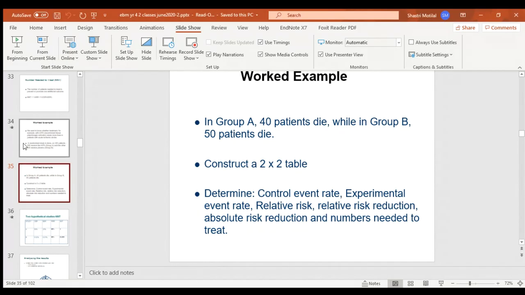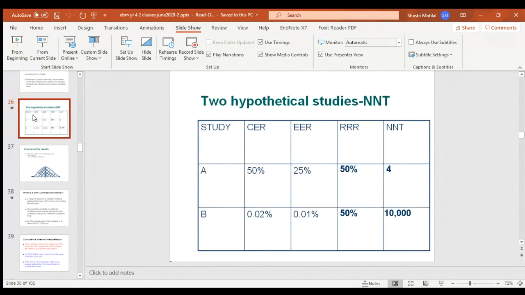What I would show on the next slide is essentially two hypothetical studies. These are two hypothetical studies that are unrelated to the example we just worked out, right? So it is not related in any way to the example we just worked out. These are two separate randomized controlled trials, RCT-A and RCT-B.